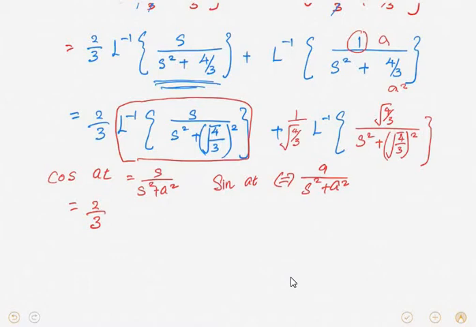So we change to cos 2 over square root of 3 t plus this one. 1 over square root of 4 over 3 gives square root of 3 divided by 2, because the square root of 4 is 2, and then we obtain sine 2 over square root of 3 t.